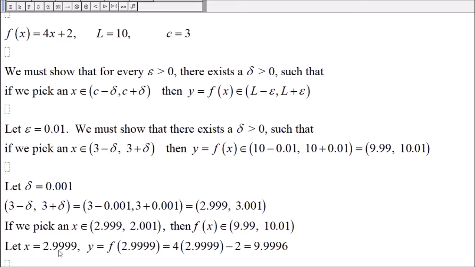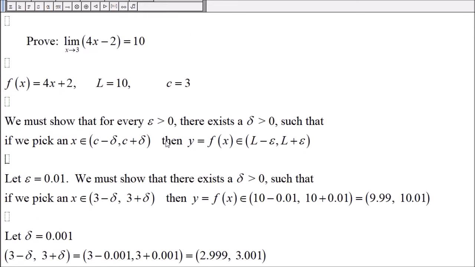Let's pick 2.9999. Then the corresponding y value would be the function evaluated at 2.9999, which comes out to be 9.9996, which is inside of this interval right here.